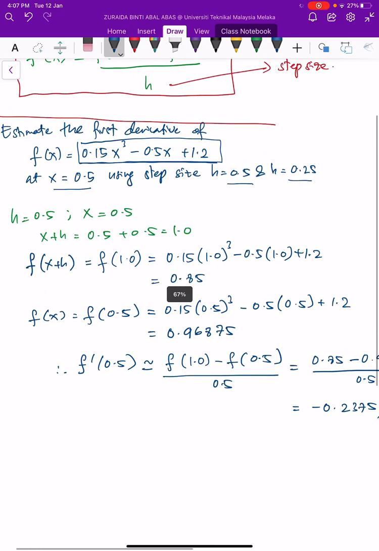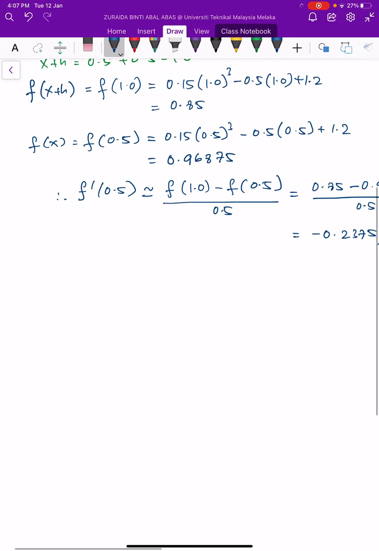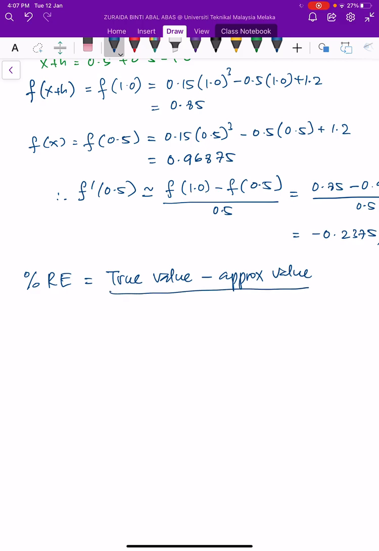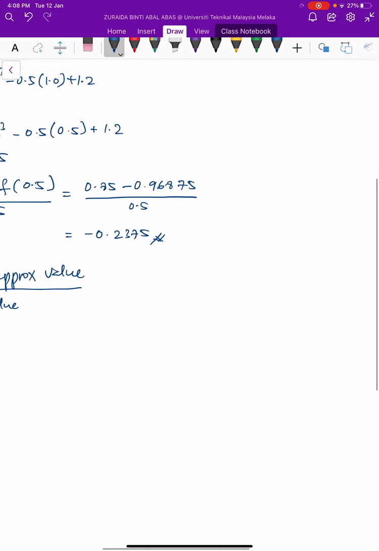Now, you cannot stop there. You need to carry on and find the percentage relative error. The formula for percentage relative error is the true value minus the approximation value, divided by the true value. Before we proceed, we need to find the true value.